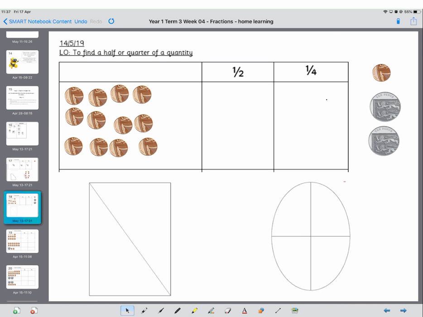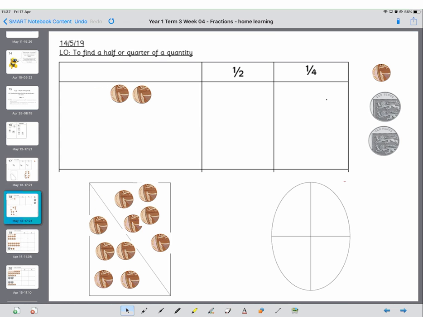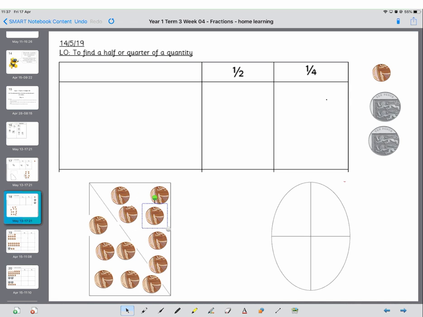So, 1, 2, 3, 4, 5, 6, again alternating, 7, 8, 9, 10, 11, 12. So how many have we got in one side?